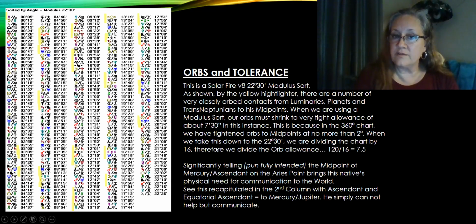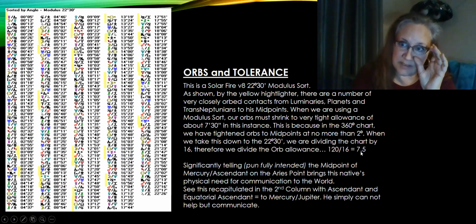And so then we divide the orb allowance. Normally in a 360 chart for midpoints, you're going to allow a 2 degree orb. But because this is a 22.5 sort, we're going to divide that 2 degrees by that same 16 that we divided the 360 by to get the 22.5. And that's what breaks us down to 7.5 minutes, okay?